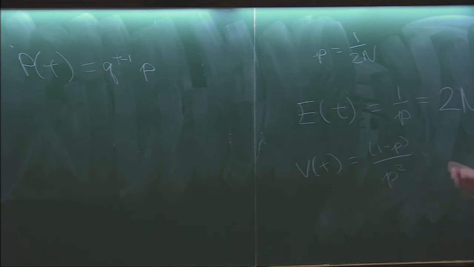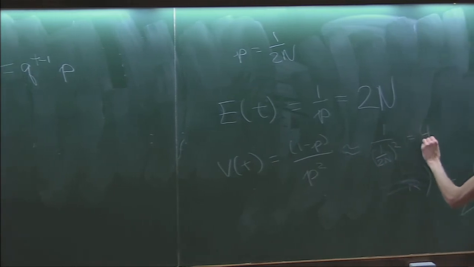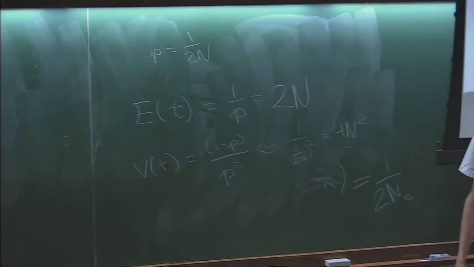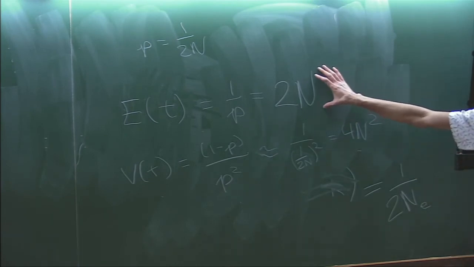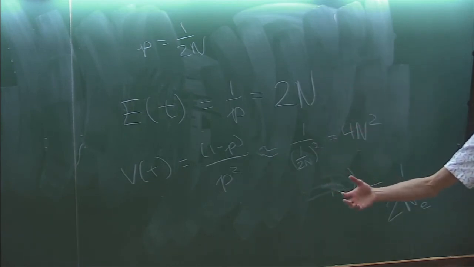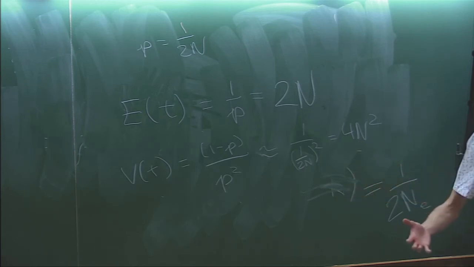In our case, if n is large, then this thing in the numerator is approximately 1, right? So in our case, this is going to be approximately 1 over p squared, which is 4n squared. I'm just pointing out there that the mean is 2n, but the variance is 4n squared. So there can be large variance in what these coalescence times are.